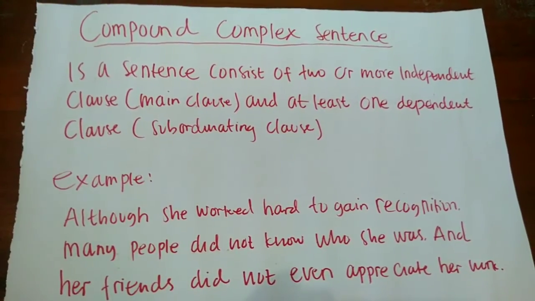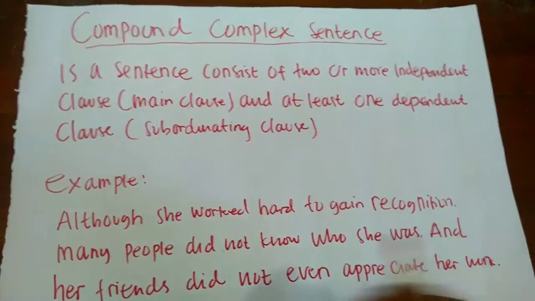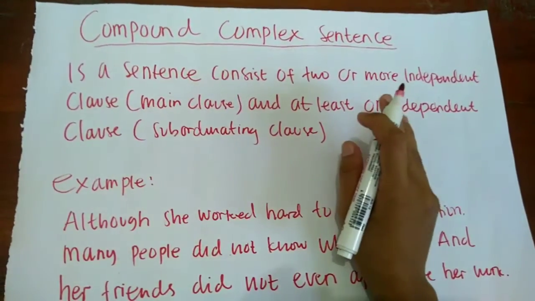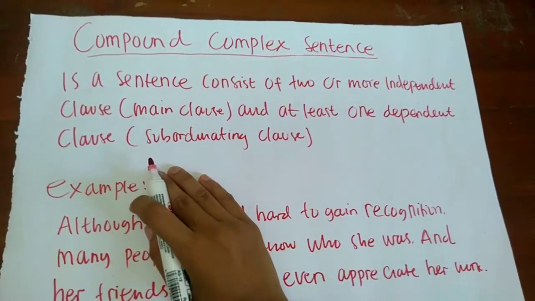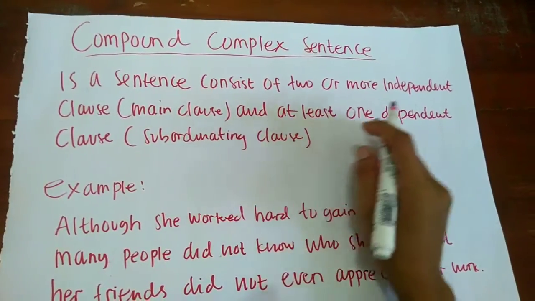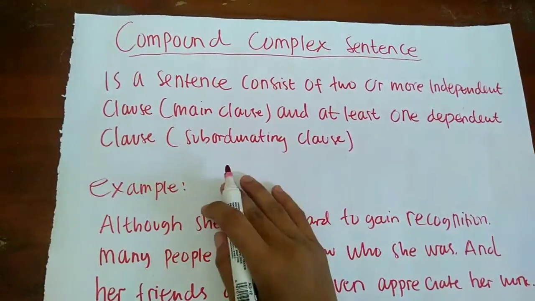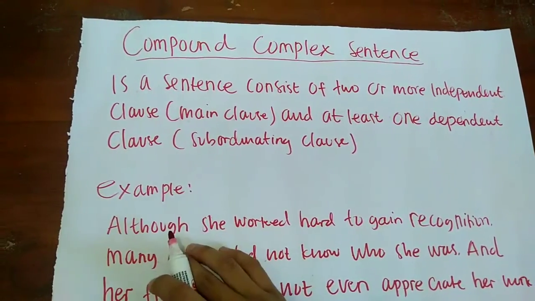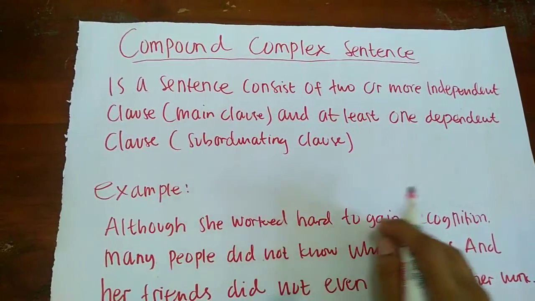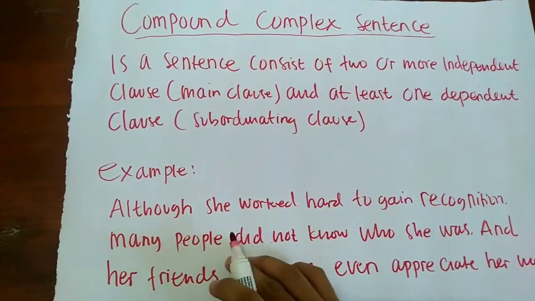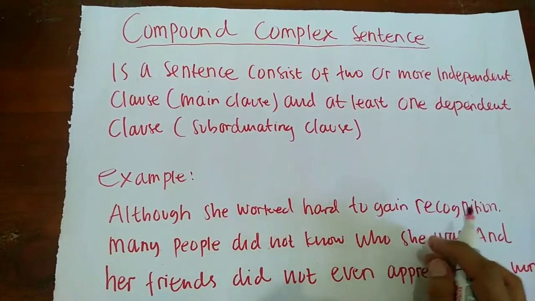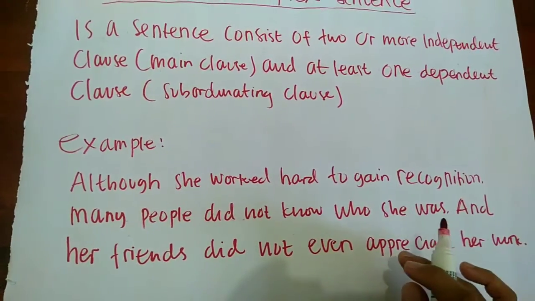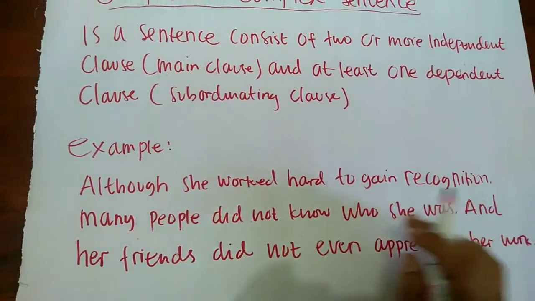The next is the compound complex sentence. A compound complex sentence consists of two or more independent clauses or main clauses and at least one dependent clause or subordinate clause. The example is although she worked hard to gain recognition, many people did not know who she was, and her friends did not even appreciate her work.